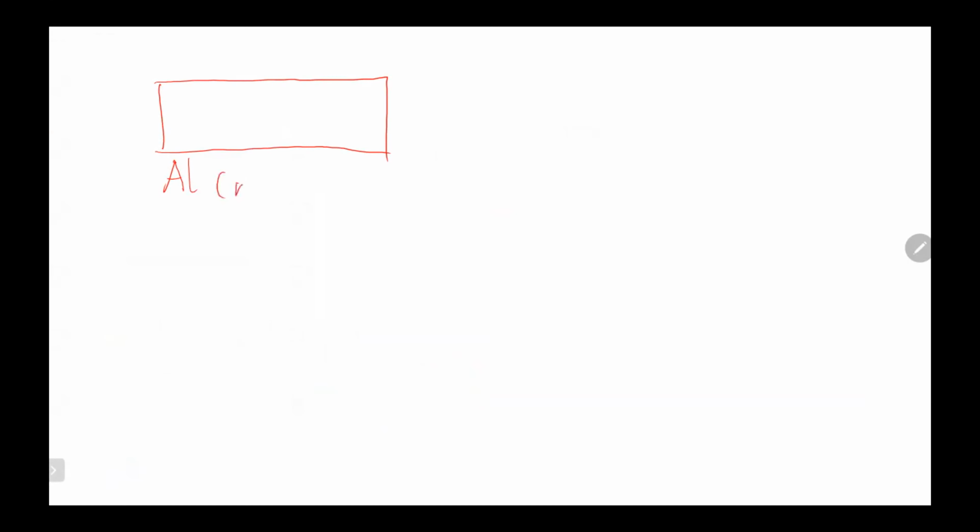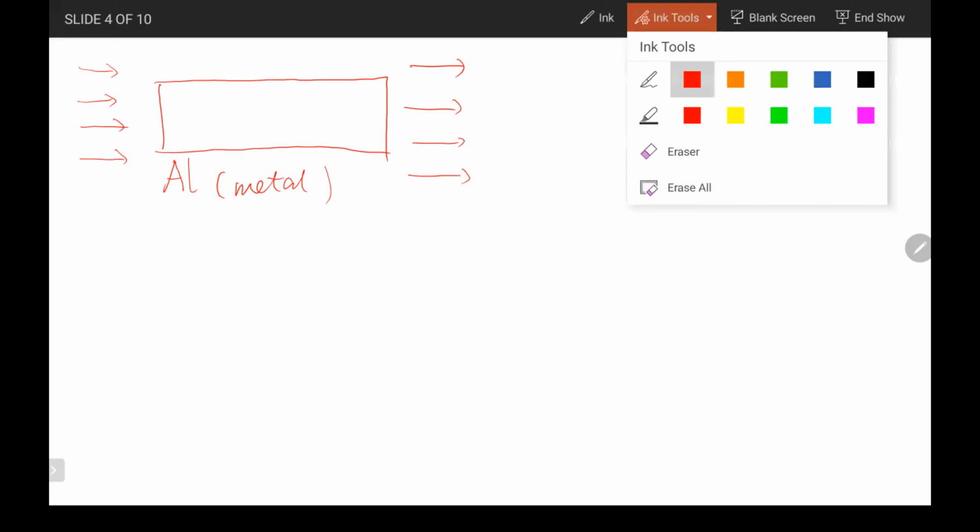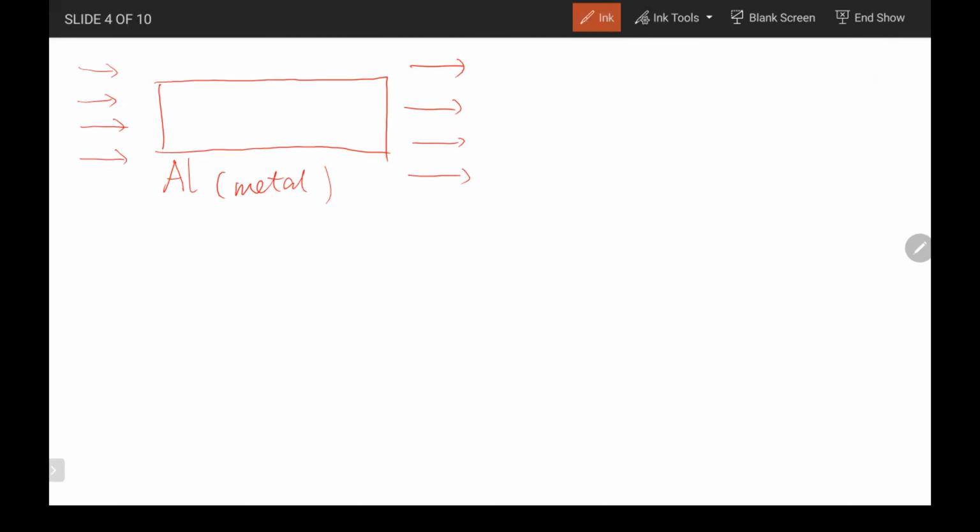It's a metal. And there is an external electric field generated by a cable or by a generator, but that doesn't matter. We just generate an electric field outside of this box. And this box is made of metal, so that means there are free electrons inside the box.